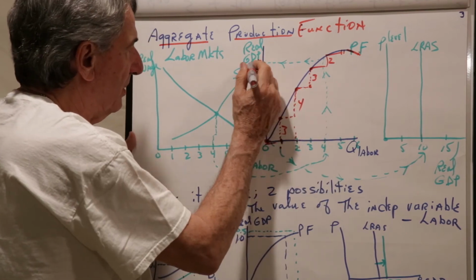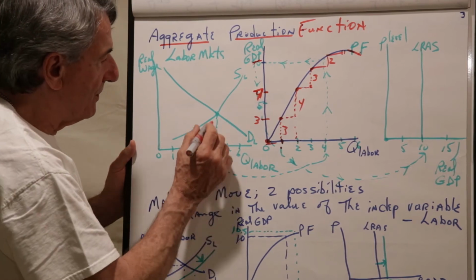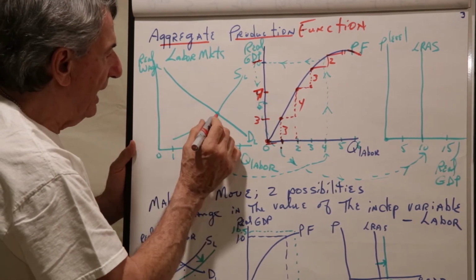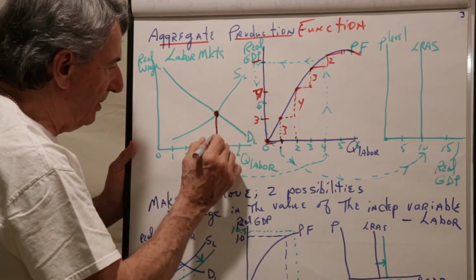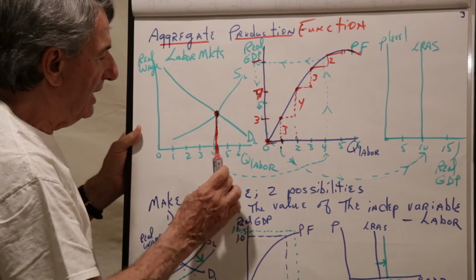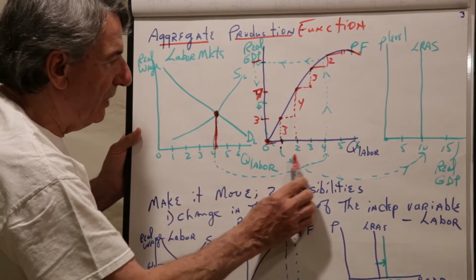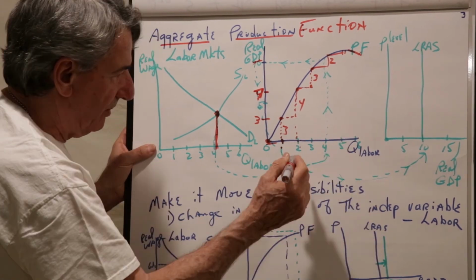Well, this is very useful because it associates this amount of labor with this amount of GDP. This is real GDP on the vertical axis. So when we look at the economy as a whole, if we have the labor markets, the supply and the demand, and in equilibrium there are 400,000 workers working, we plug the equilibrium quantity of labor in. See these horizontal axes, quantity of labor, quantity of labor.